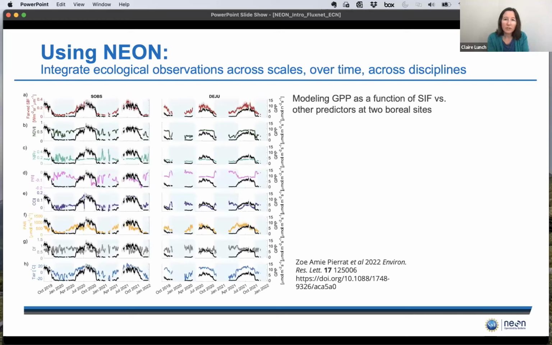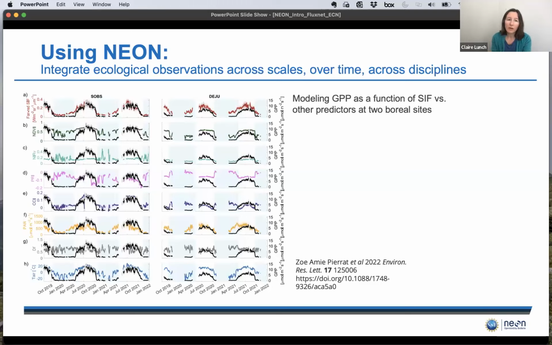Okay, so this first paper is looking at solar-induced fluorescence as a predictor of GPP. So this is basically looking at GPP as it relates to SIF versus other predictors of GPP at 2 boreal sites.